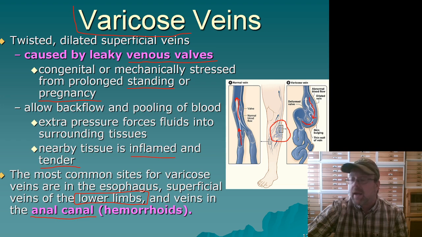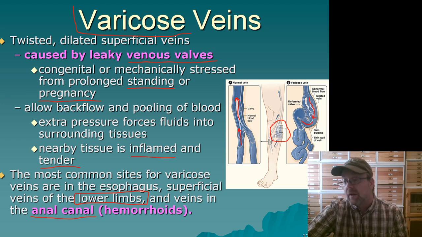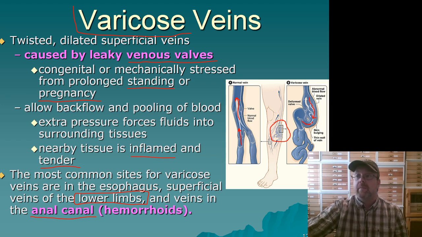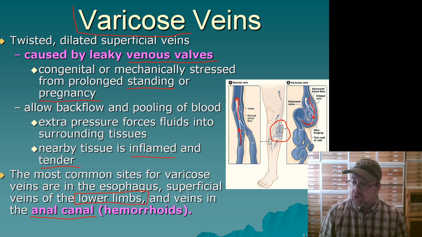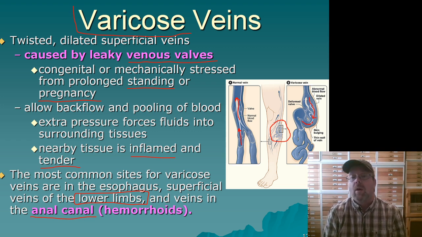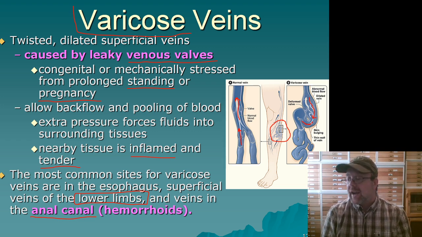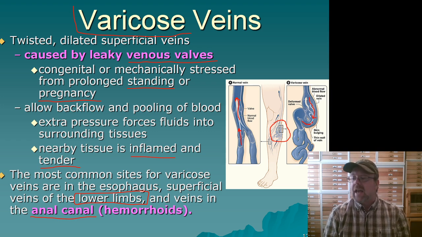A lot of people get hemorrhoids due to pregnancy. When mom is having her baby and she's pushing really hard, she can't tell what her vagina is versus her anus. So when the doctor's telling her to push, she's just pushing down there. That can cause a lot of pressure, and you can blow out some of these venous valves and cause hemorrhoids.